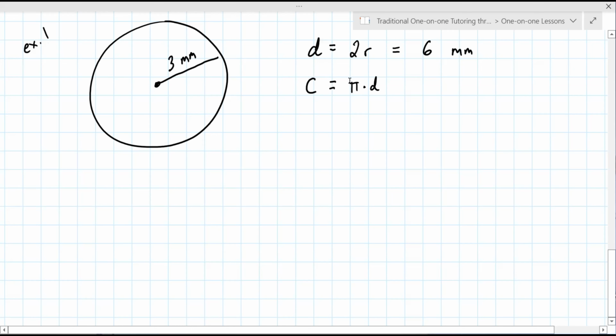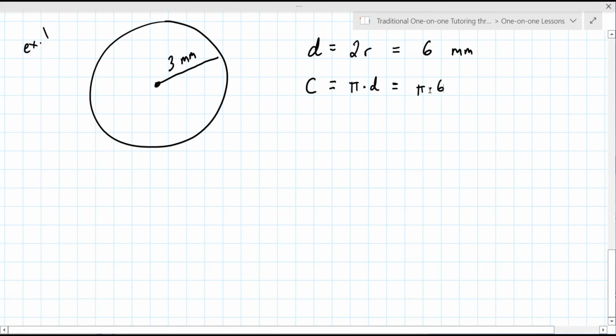The circumference is pi times diameter. What is the diameter? The diameter is 6 millimeters. So it's pi times 6, or I'm sorry, is the circumference.